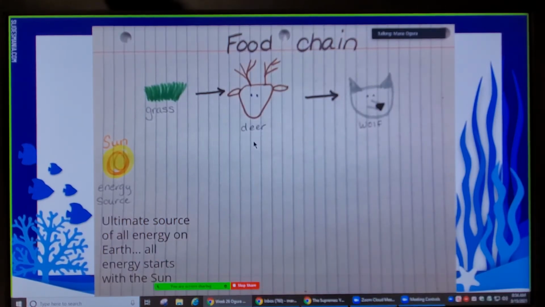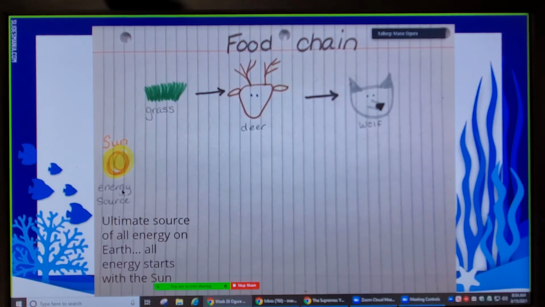One thing I do want to point out is that on lots of the questions on the previous STAR test, they may ask you about a food web or a food chain. They don't always include the sun, but I want you to know that ultimately all energy comes from the sun.